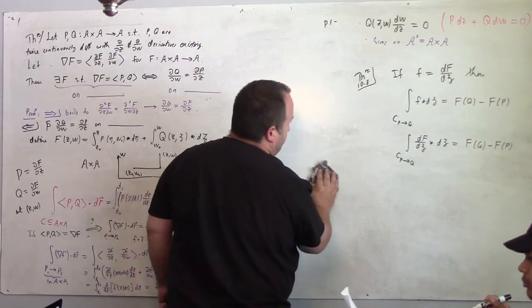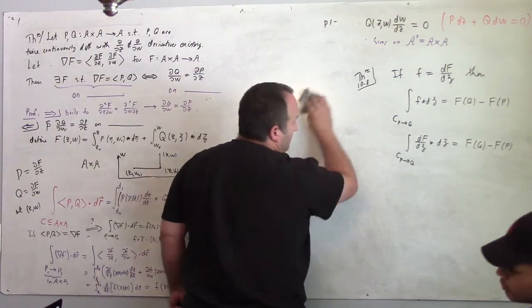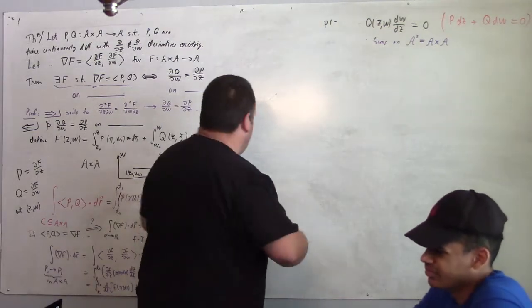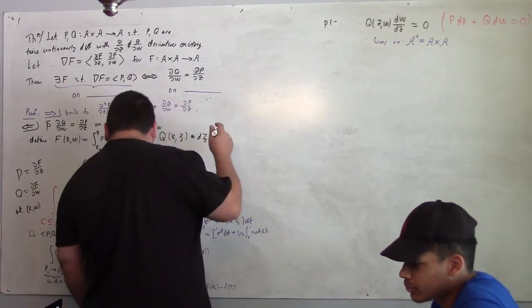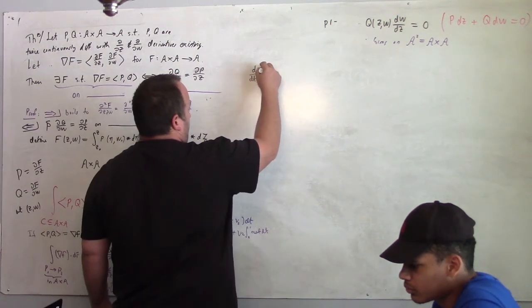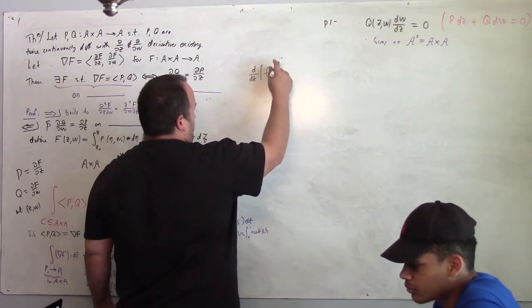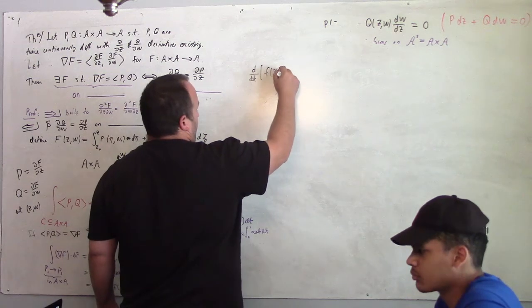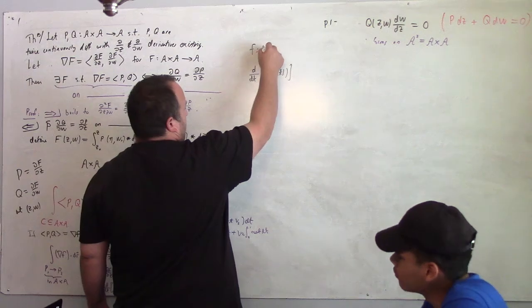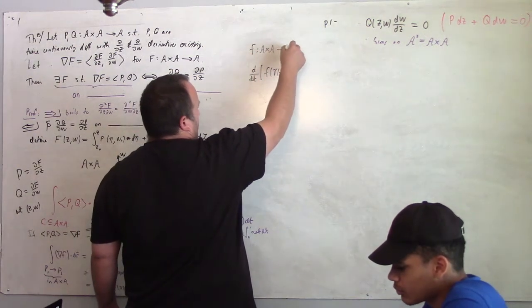All right, so we're considering d/dt of f of gamma of t. Now here f is a function on A cross A to A, right?